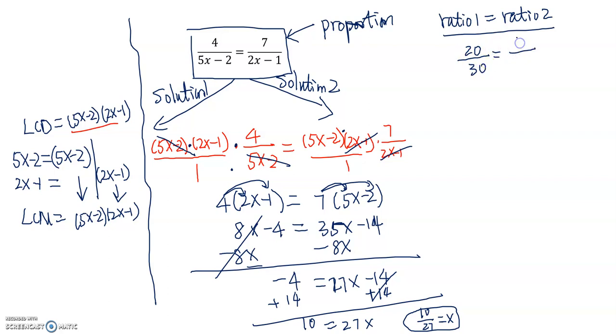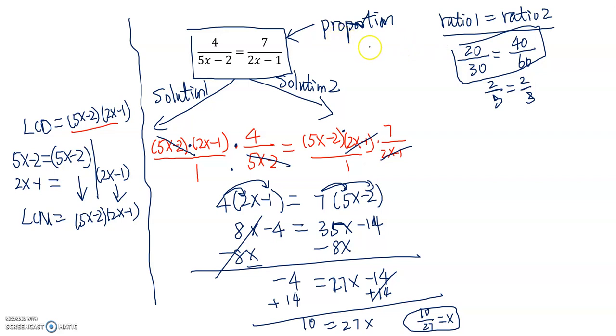In another class, it has 40 female students versus 60 male students. As you can see, after we simplify them, we both get 2 over 3 and 2 over 3. So it's technically 2 over 3 equals 2 over 3. These two ratios are equal to each other, and when they are equal, it's called a proportion.